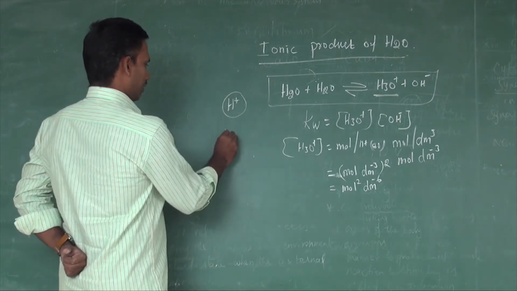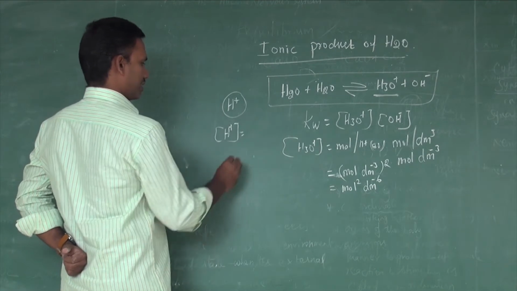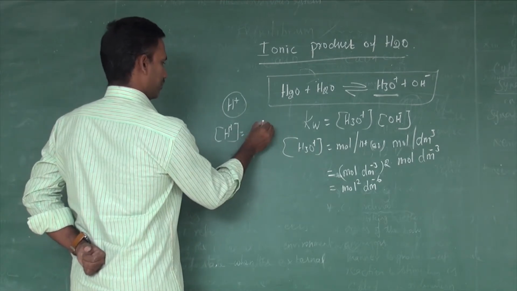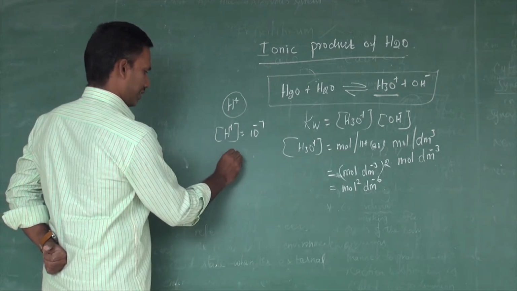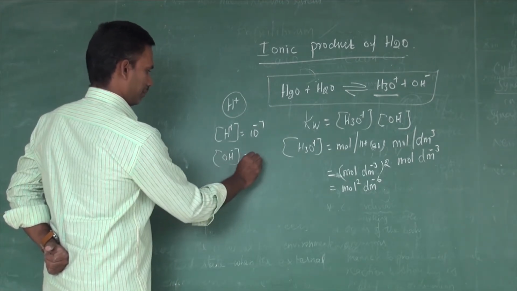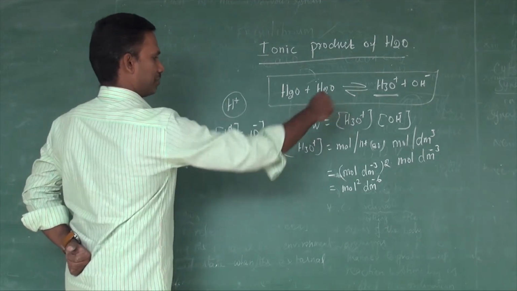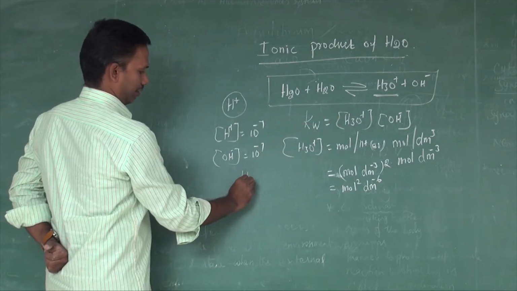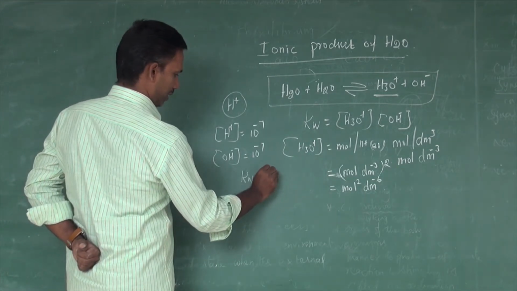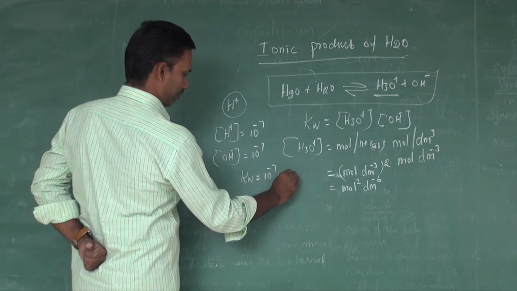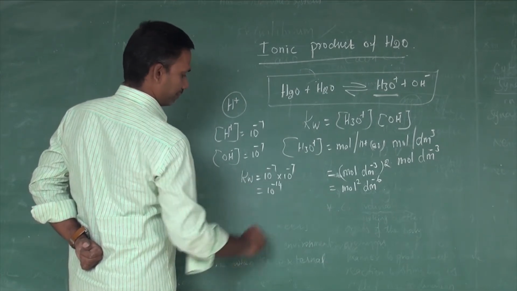Then the experimental data are given. When water ionizes, the concentration of H plus ion is 10 power minus 7, and the concentration of OH minus ion is also 10 power minus 7. So if you apply the concentration terms to the formula for the ionic product Kw, you get 10 power minus 7 into 10 power minus 7, so net 10 power minus 14.